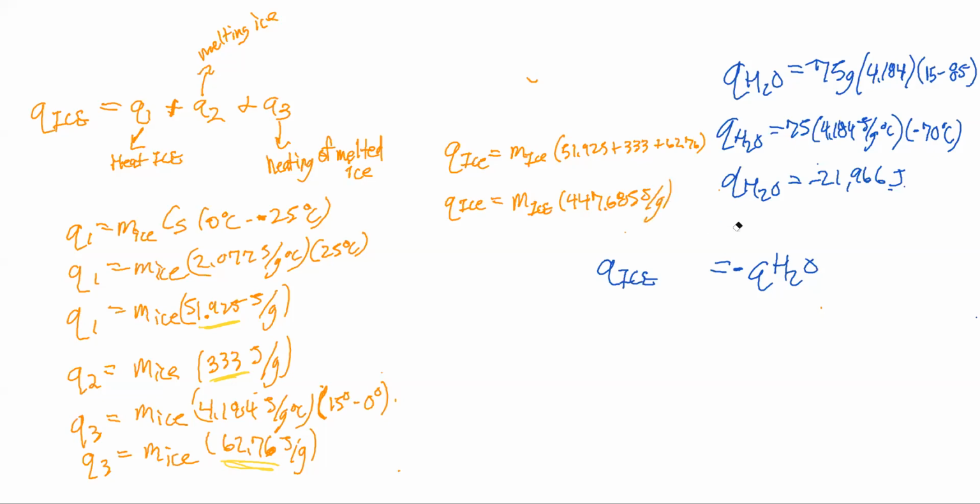And so now we have this expression down here that connects them. So we knew that our water was negative 21,966 joules, and we know that our Q of our ice is the negative value of that.